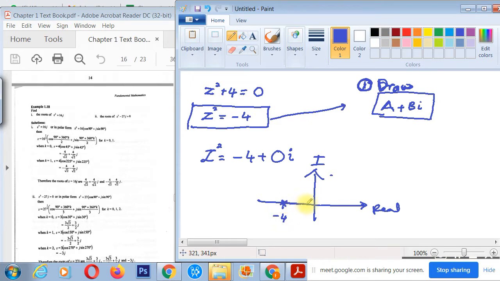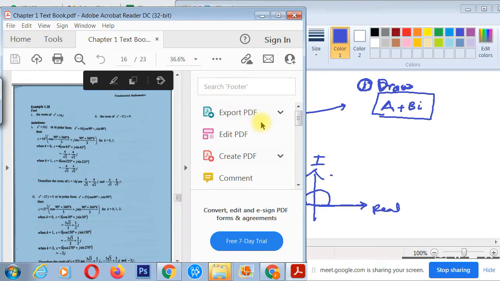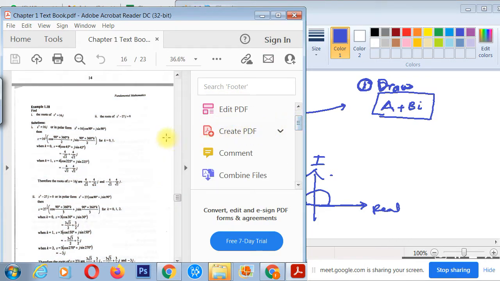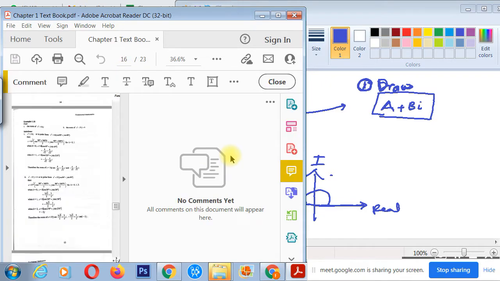So the theta here, we can see the theta is, okay, we just compare with the example that they gave to us. If the method is the same, just the value differs.